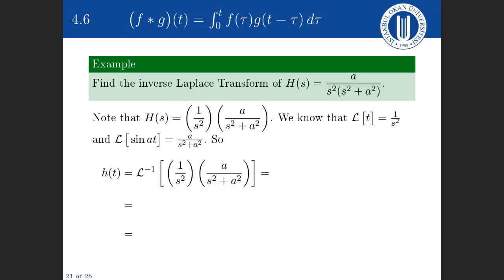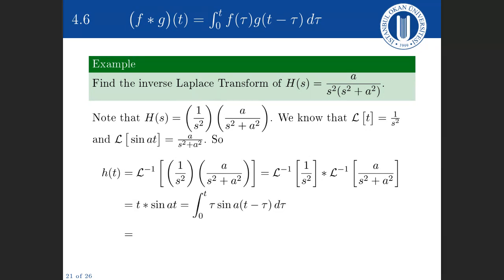So, small h is just the inverse Laplace transform of 1 over s squared convoluted with the inverse Laplace transform of a over s squared plus a squared. It's just t convoluted with sine at, or the integral from 0 to t, tau sine a times t minus tau. Calculate this integral and we get our answer.